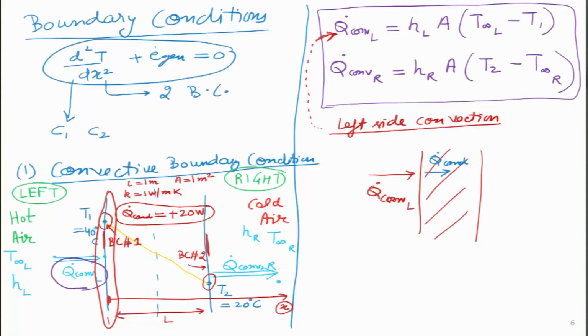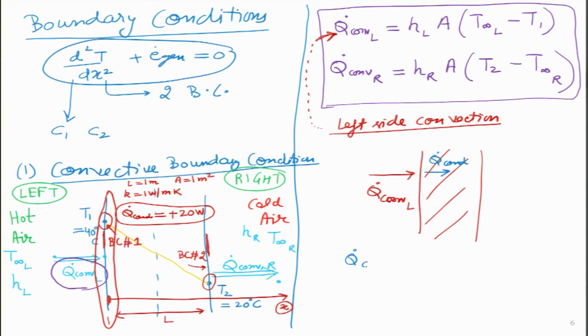Is it true only for steady state or is it true for transient as well? Just at the interface it is actually true for both, because it is a very thin layer, we are talking about just the last layer of the wall. So even if it is a transient case, even if it is steady state, this always holds true, which means I can now write this in equation form.